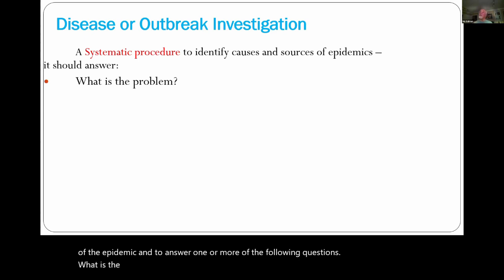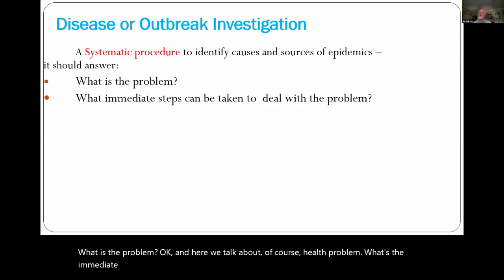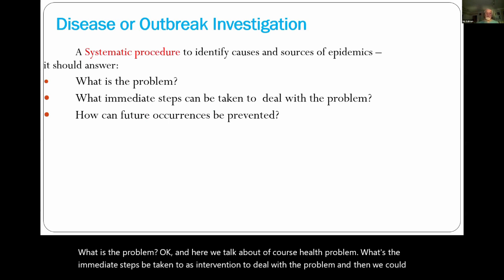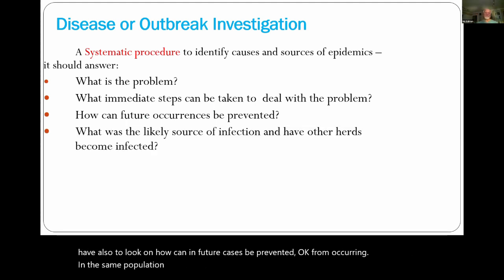Here we talk about, of course, a health problem. What are the immediate steps to be taken as intervention to deal with the problem? And then we also look at how future cases can be prevented from occurring in the same population.